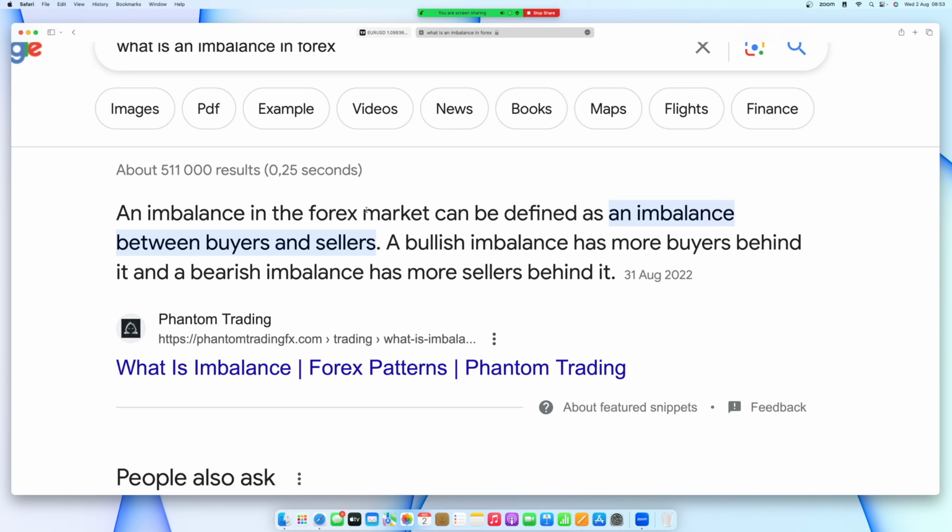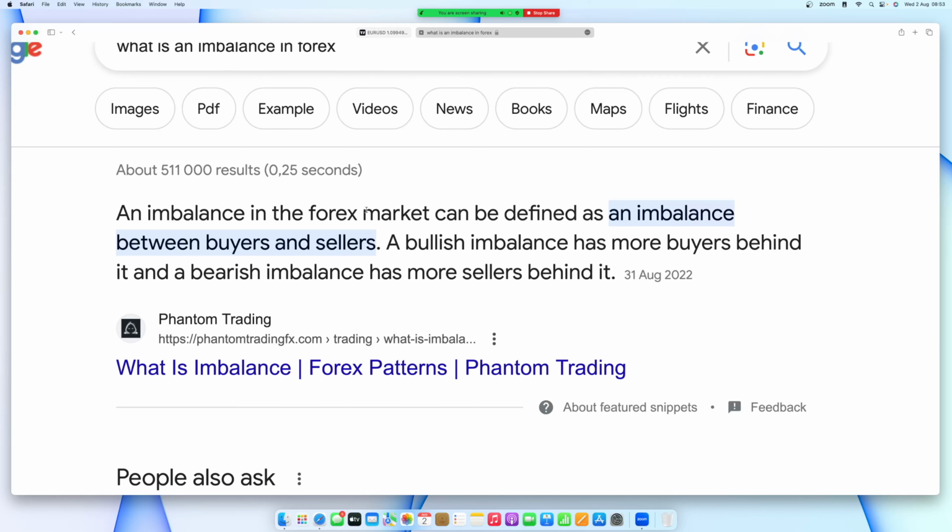All right, so let's come again. An imbalance in forex markets can be defined as an imbalance between buyers and sellers. Remember, this imbalance we're talking about is under institutional candle, right? That's the last two videos. I believe when I was talking about institutional candle, I told you there are entry candles for me, right? And there are three entry candles I like to look out for in the market.